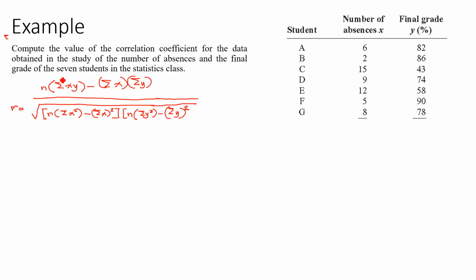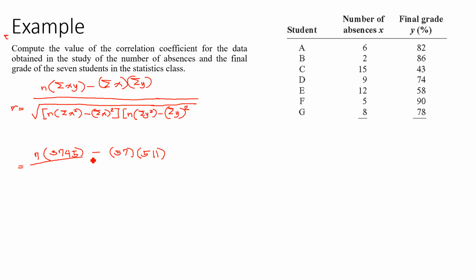So here, our n, there are 7 students. 7 students times the summation of x, y is 3,745, minus the summation of x. For the summation x, we have 57. And the summation of y is 511.